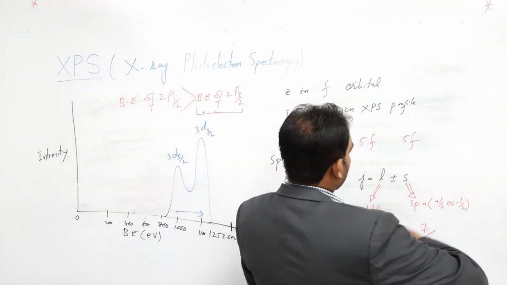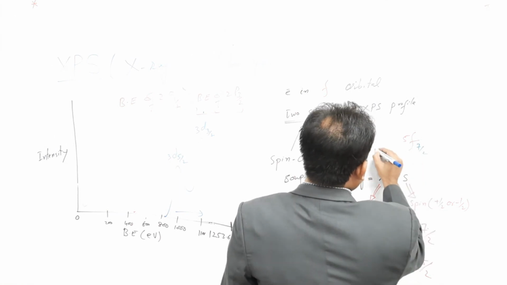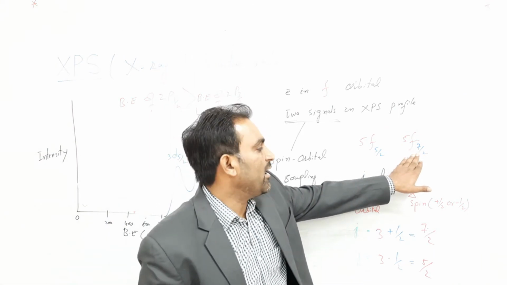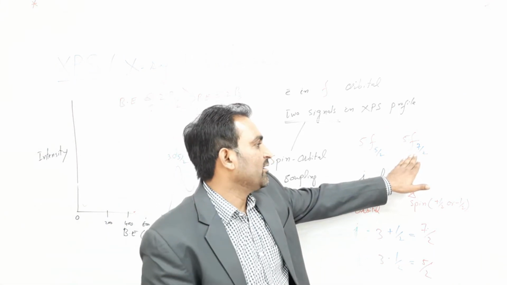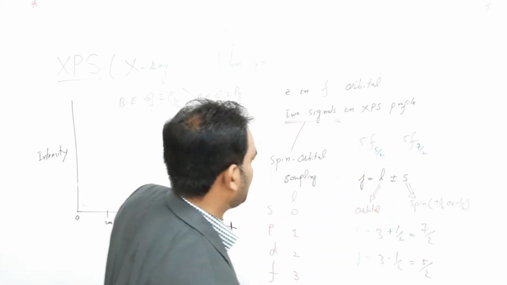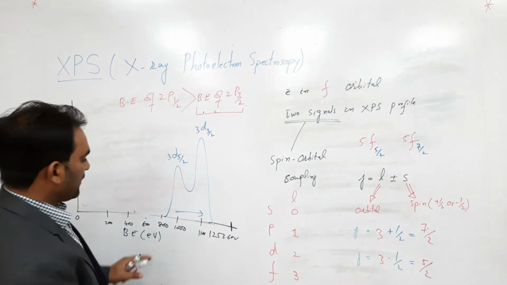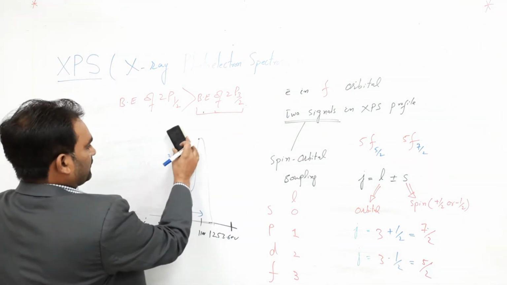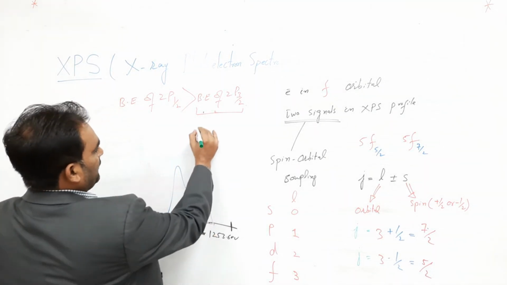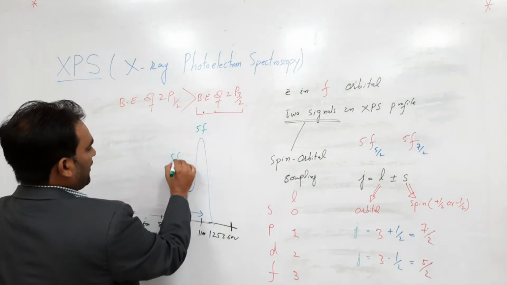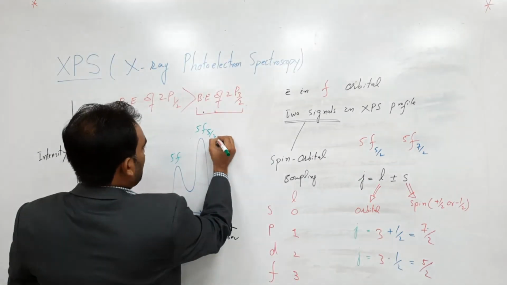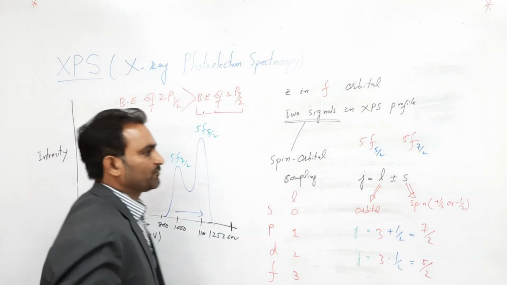And then you have 5f 7 by 2 and 5f 5 by 2. Similarly, this has a higher J value. Higher J value means higher kinetic energy. If it has higher kinetic energy, then its binding energy will be lower. So in that particular case, you have higher binding energy for 5 by 2 and lower binding energy for 7 by 2.